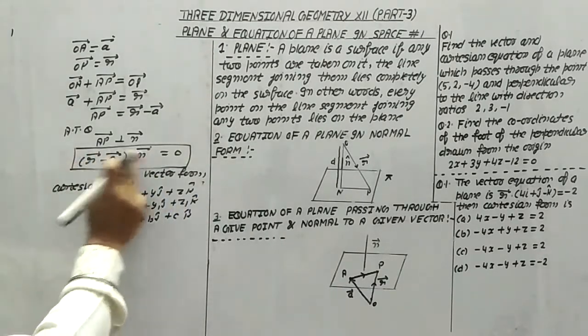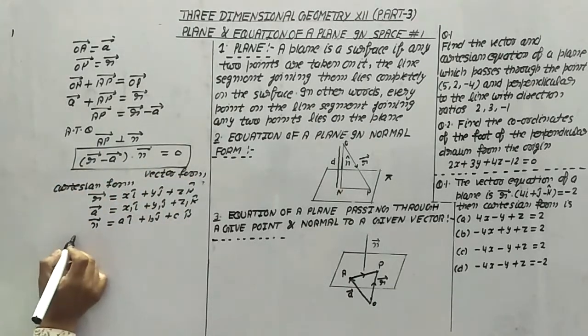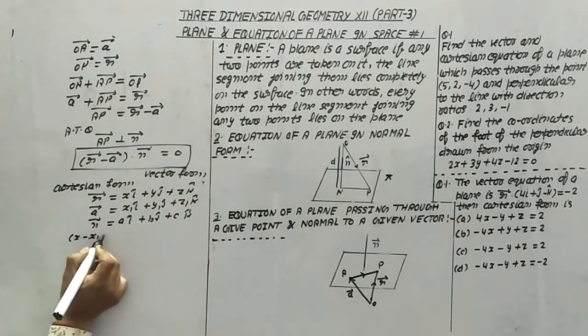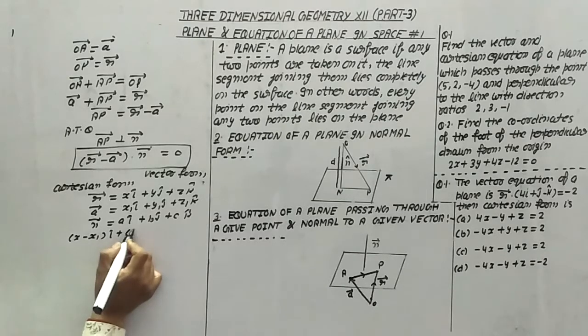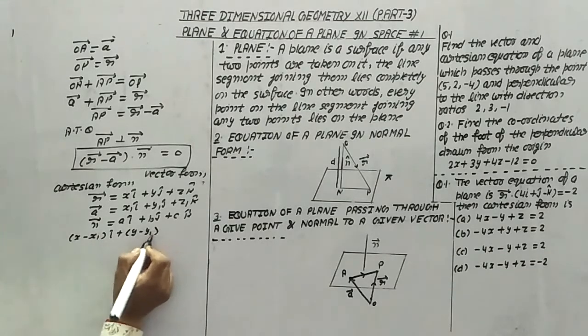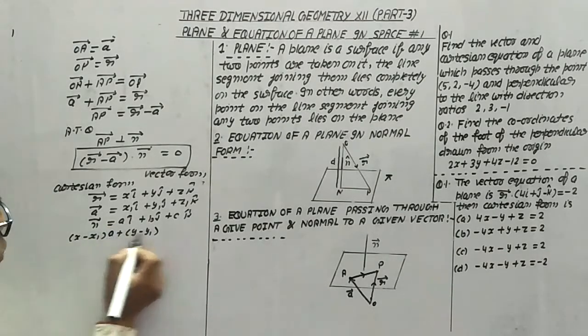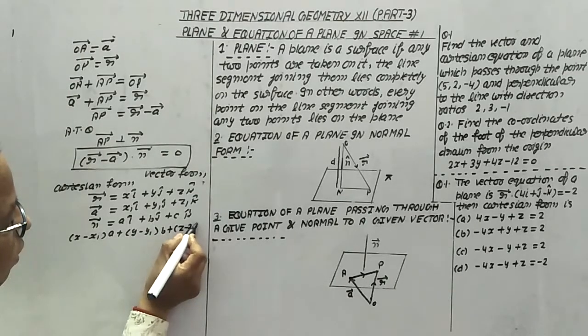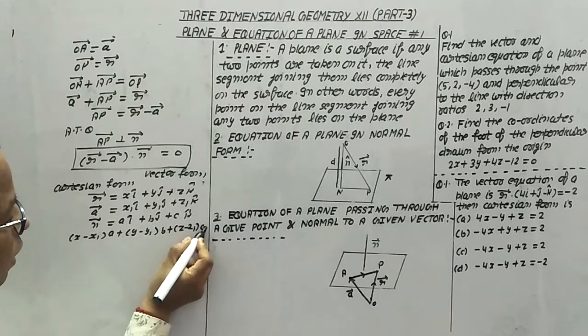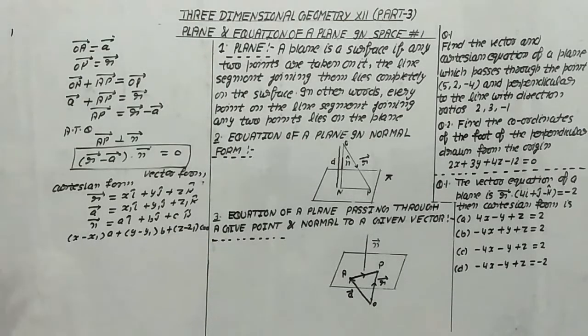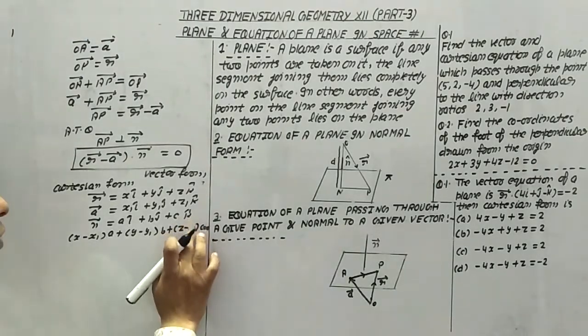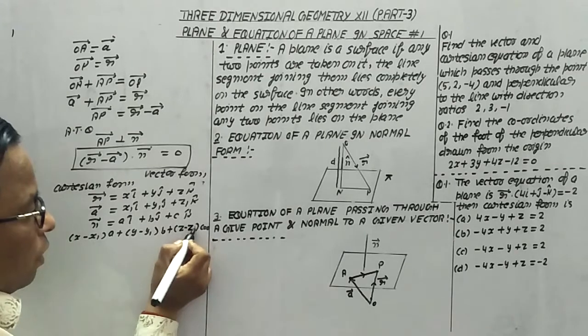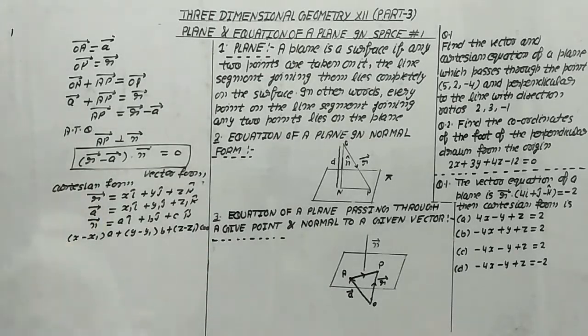Now if we put the values here, then after calculation we will get (x minus x1) into a plus (y minus y1) into b plus (z minus z1) into c is equal to 0. So this is the equation of the plane in Cartesian form.